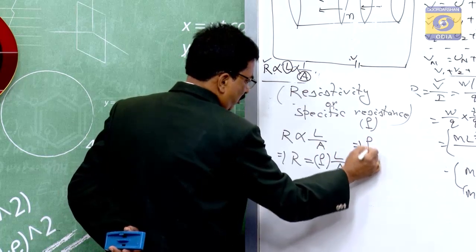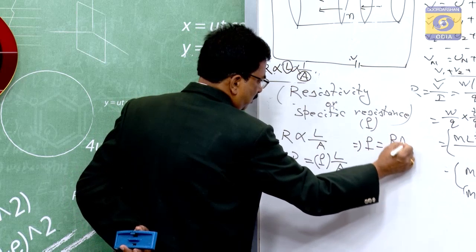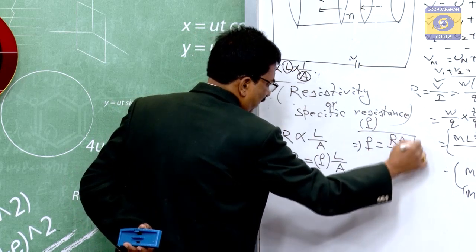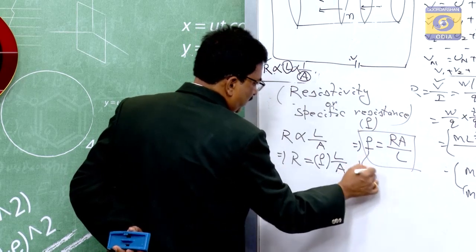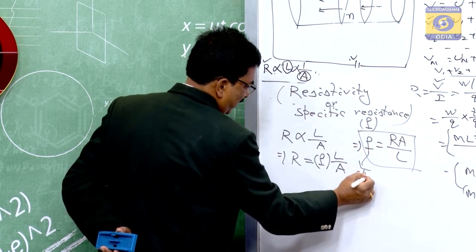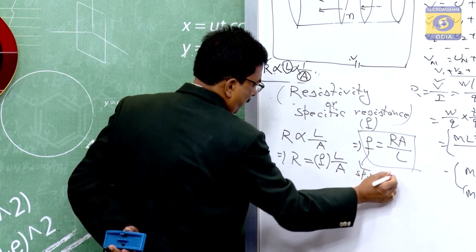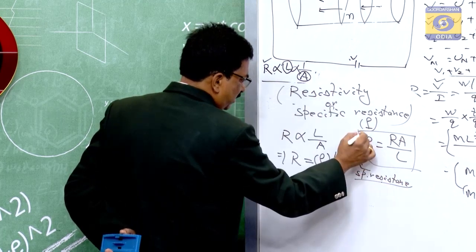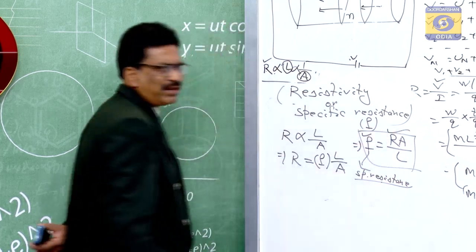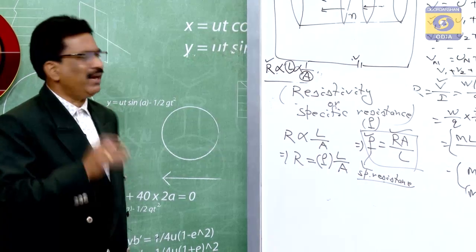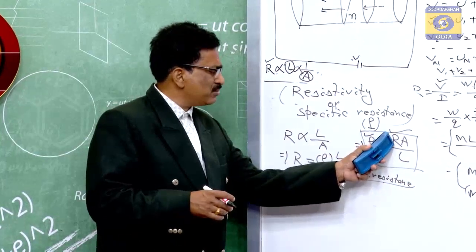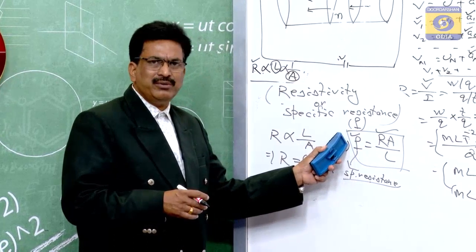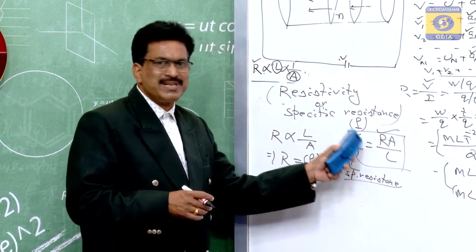So, rho equals R A by L. This rho is known as the specific resistance or resistivity. So, resistivity and resistance are directly related: if the resistance increases, then the resistivity will increase. So, this is the specific resistance.